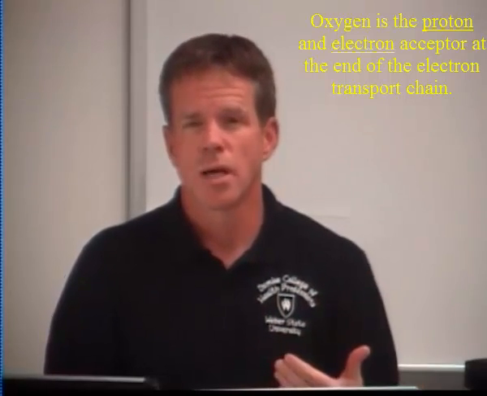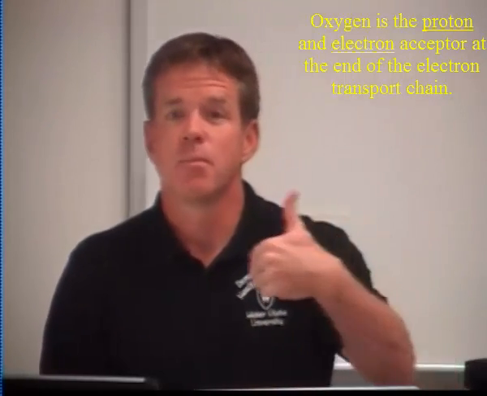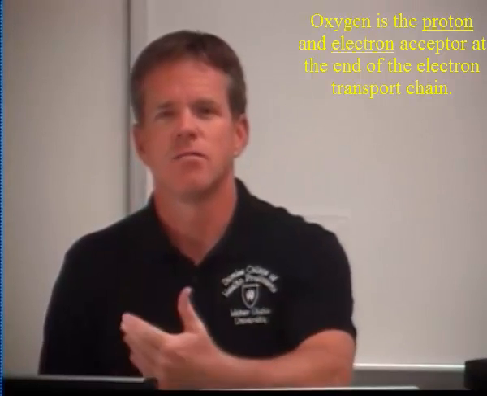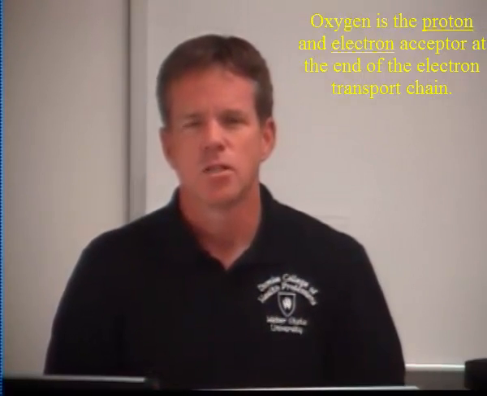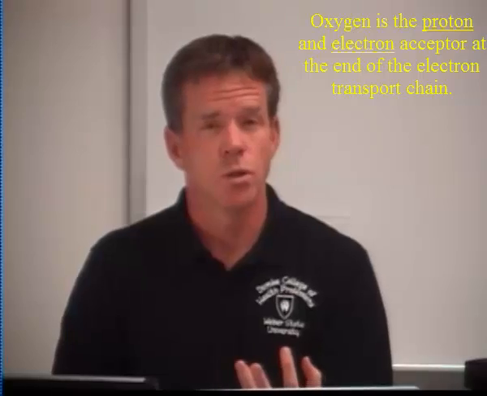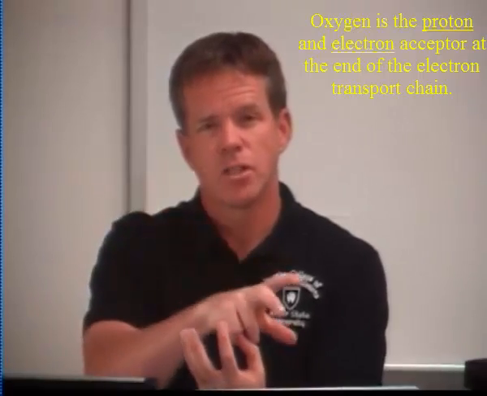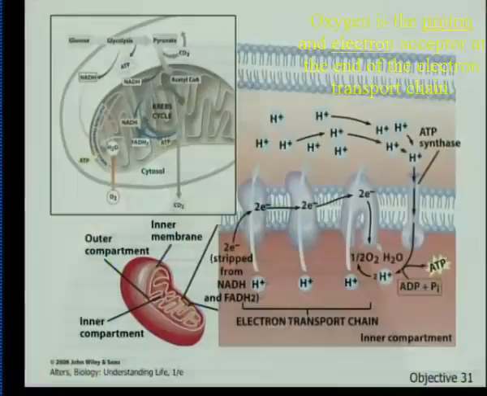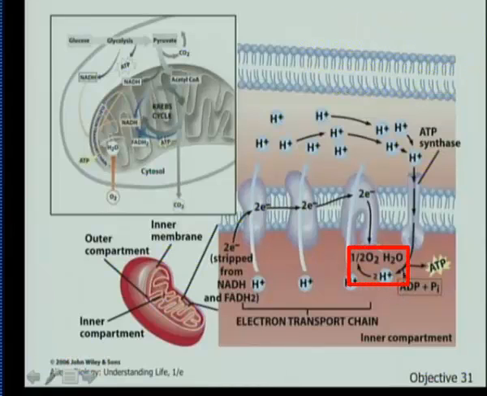Oxygen's role in this process is to accept the protons and the electrons of the electron transport system. So if I have oxygen, O2, and I pick up hydrogen ions and electrons, what do I get? I get oxygen plus hydrogen ions plus electrons to make it neutral. I get water. So where does that water come from in this process? It comes from oxygen being the hydrogen ion and the electron acceptor of electron transport.